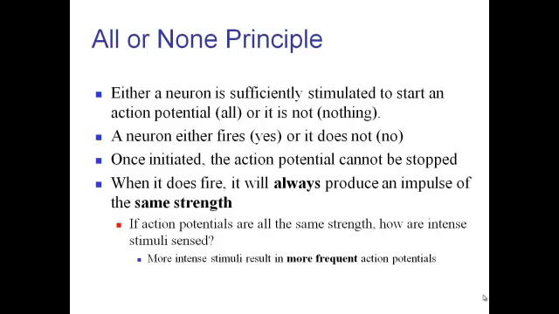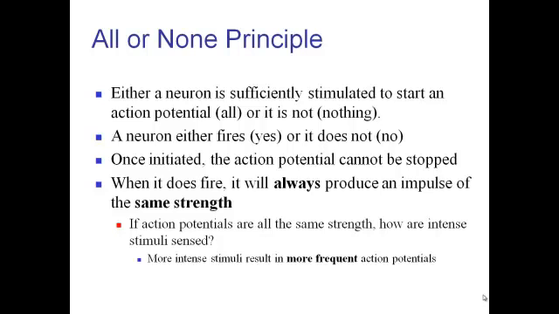Another interesting aspect of the action potential in particular is that when it is triggered, it's either going to have the action potential or it's not. The neuron is either at rest or it's having an action potential. So it's all or nothing.